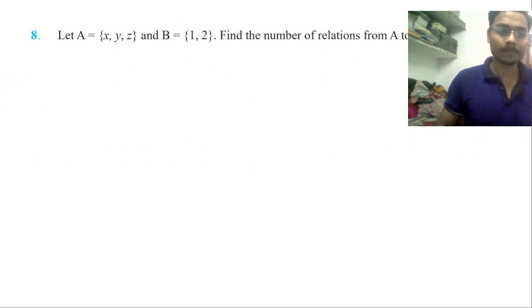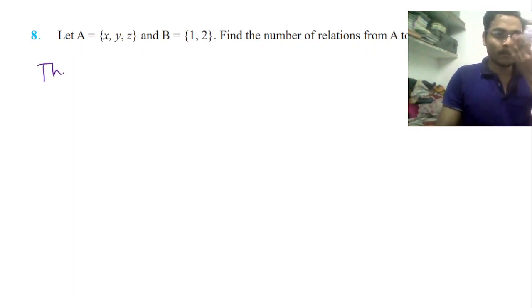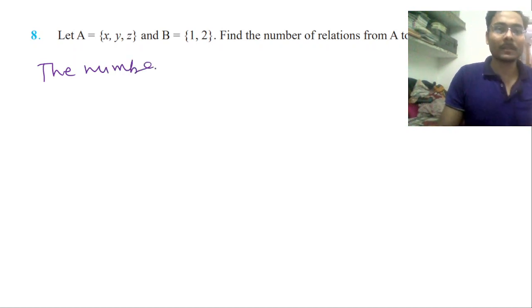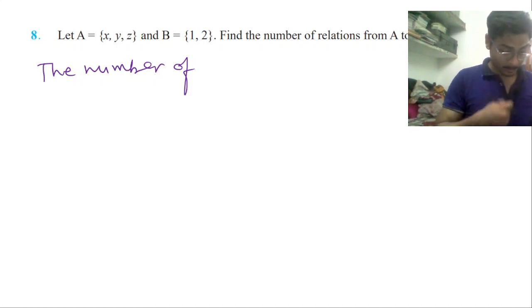Moving to our next question. A is x, y, z and B is 1, 2, and write the number of relations from A to B. Okay, so the number of relations we can find out, I remember this formula.